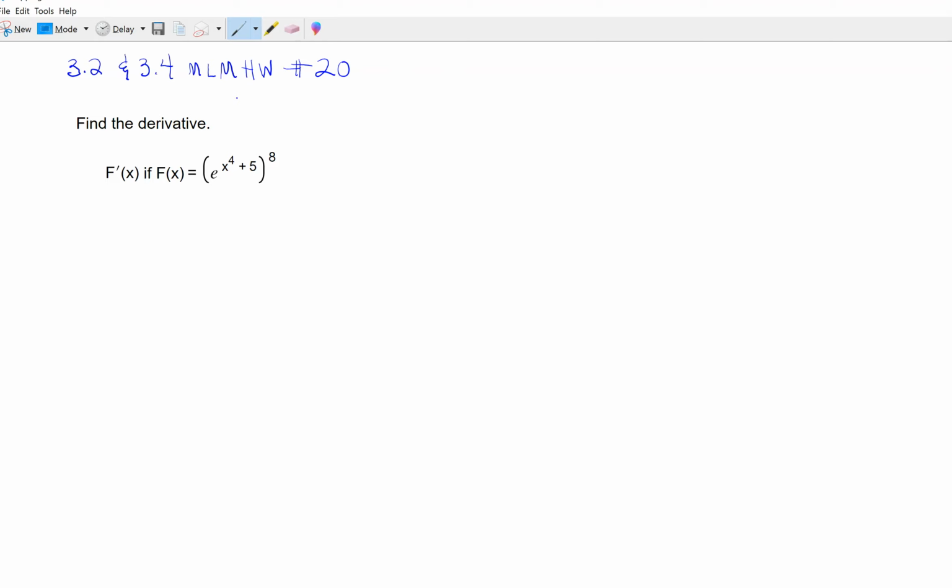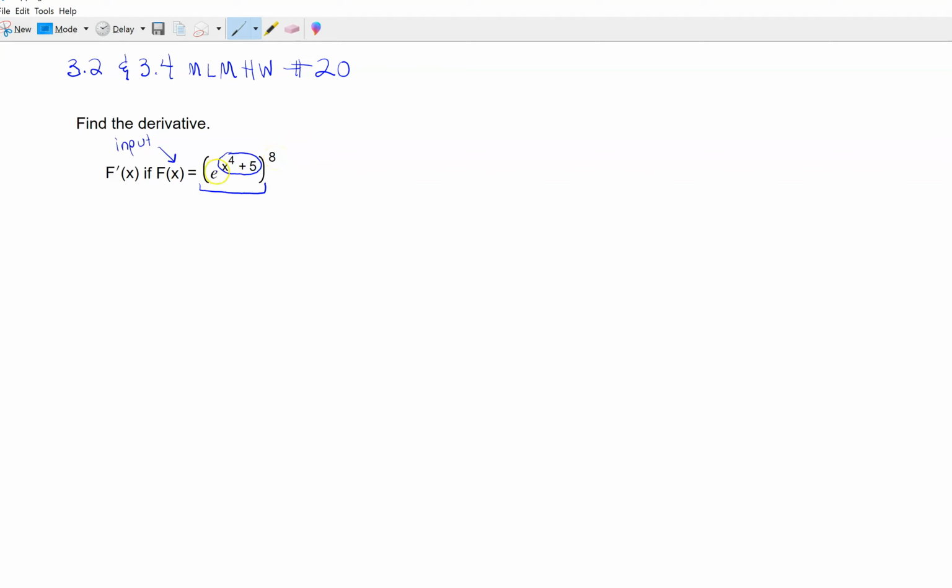I'm going to start by working with the function as it is given. So anytime you're given a function, ask yourself what's happening to the input. So when I input an x into this function, where is it going? It's going into this exponent, but that exponent is part of an exponential function that's part of a base to the 8th power, okay?